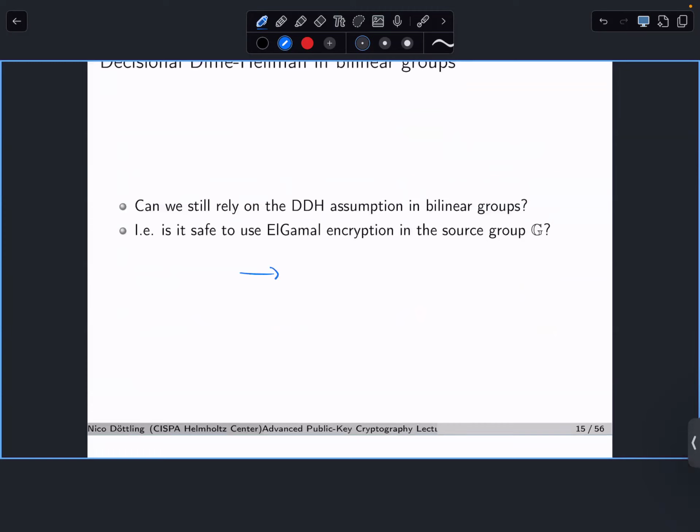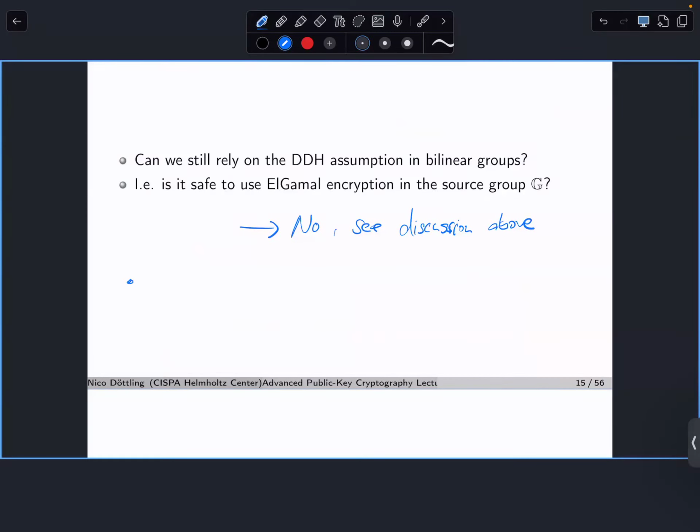And the answer is no. See discussion above. However, it is typically still safe to make the DDH assumption in the target group.